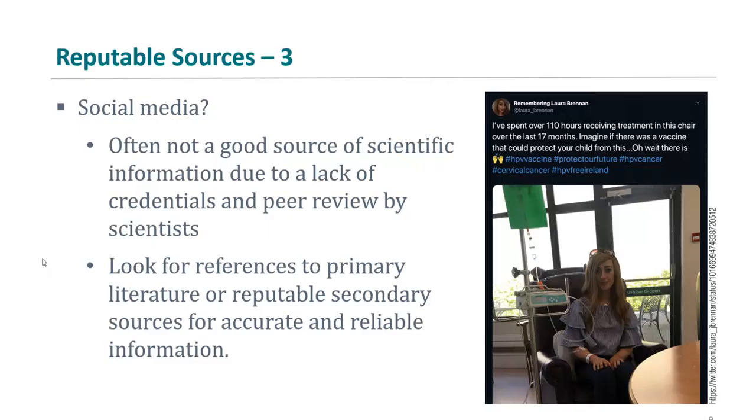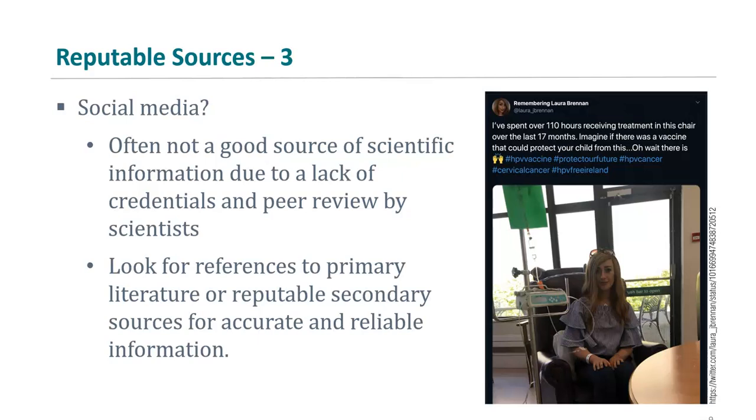So social media, is that a reputable source? Not usually. It can be a source of information, and it may cause you, therefore, to go looking into something and dig deeper. But it's not something that you would typically want to use as your only source of information, right? So most social media is not going to go back to your primary literature source and reference it.